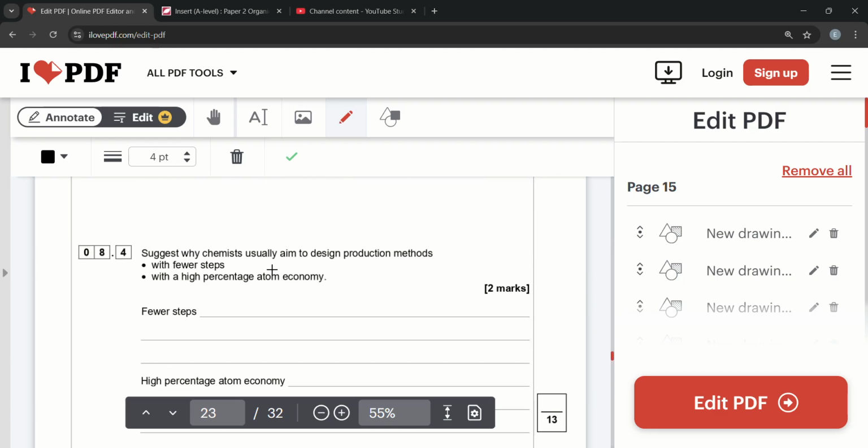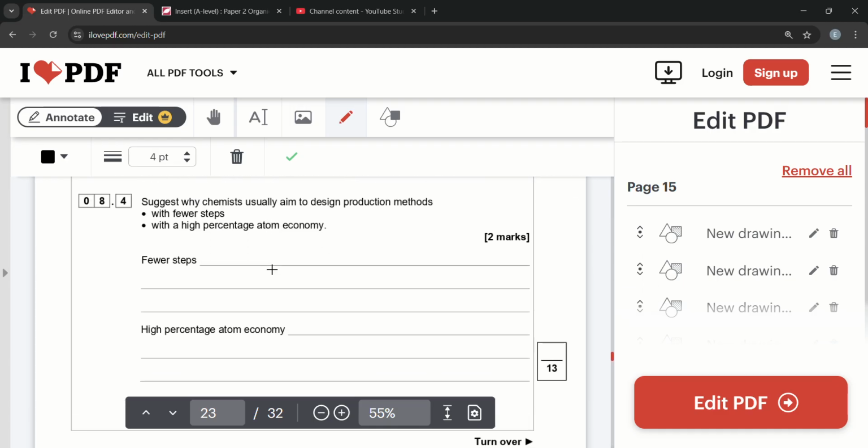And then 8.4 suggests why chemists usually aim to design production methods with fewer steps and with a high percentage atom economy for 2 marks.